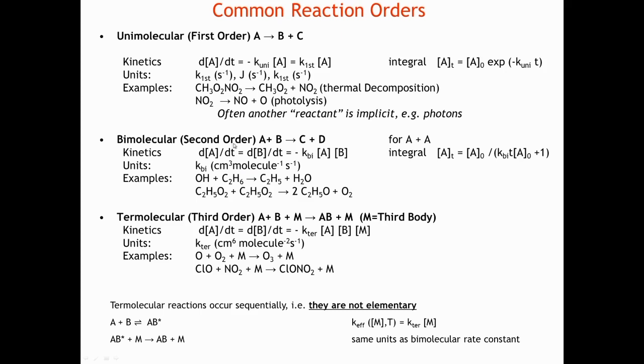So bimolecular rate constants. So you've got A plus B going to C plus D. So what's the stoichiometry with respect to the reactants and products here? So it's 1 in all cases.